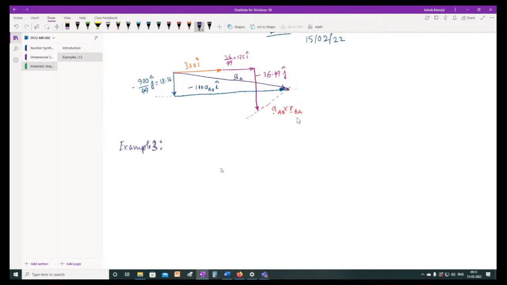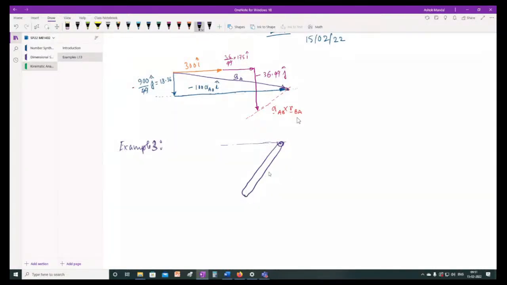In this mechanism, there is a support from where a link is connected, and the link looks like this.